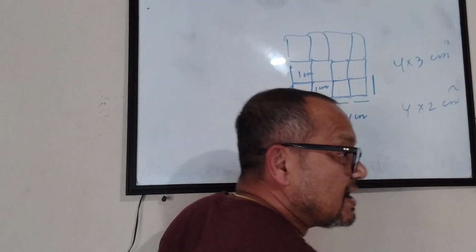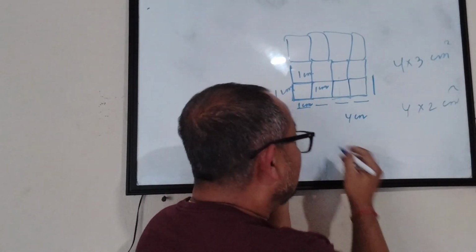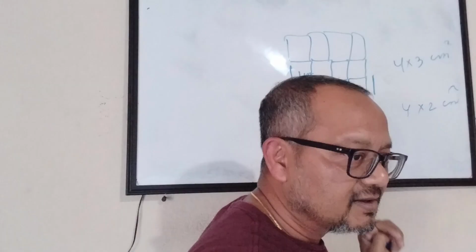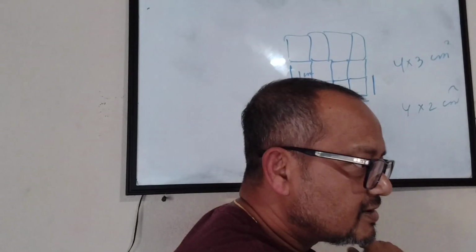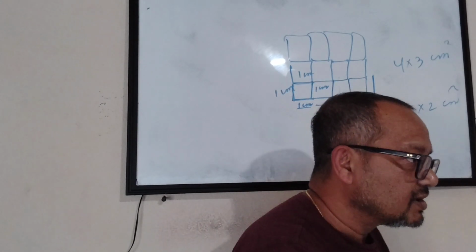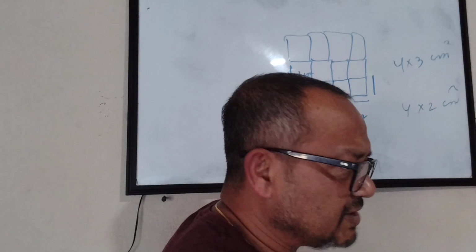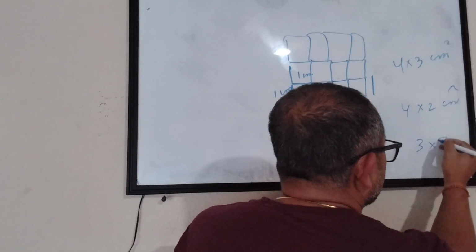So from this we derive that the area of a rectangle is length times width. Is everybody with me? Can it be width times length? Yes, it's the same thing. 5 times 3 and 3 times 5.